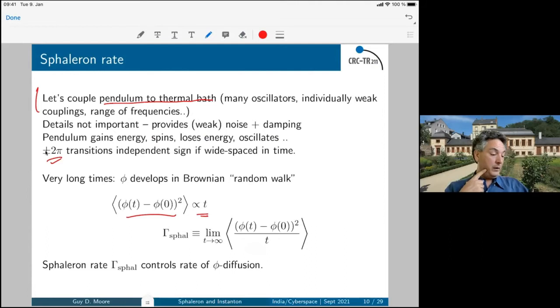And so I'm just going to call the linear growth rate over very, very long time scales, where we're adding up multiple 2π jumps, the Sphaleron rate. So the definition of the Sphaleron rate is, over very long time scales, how much do these 2π jumps accumulate?